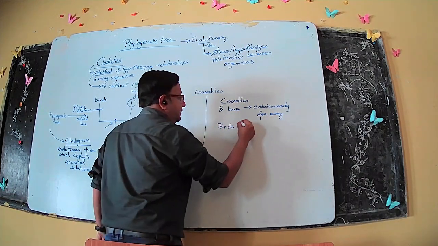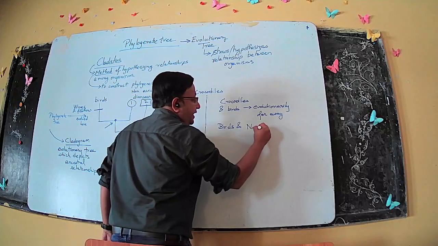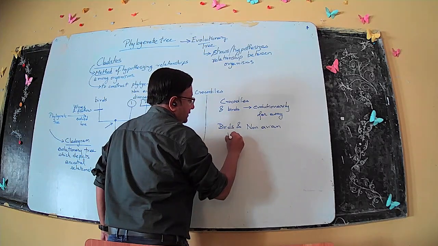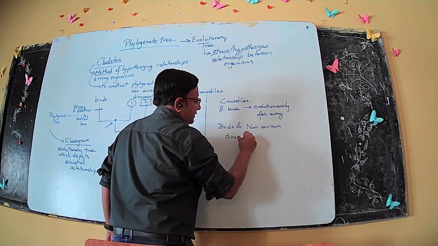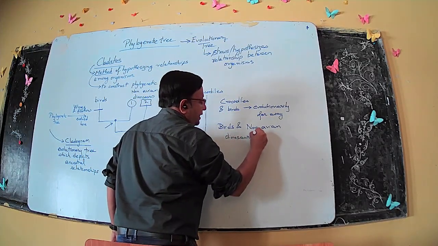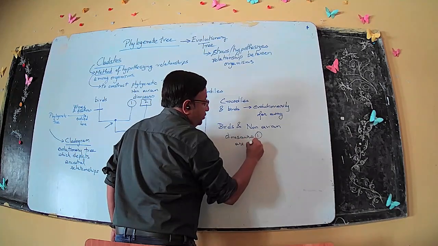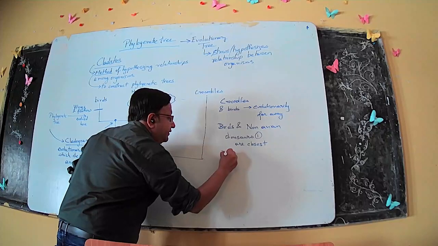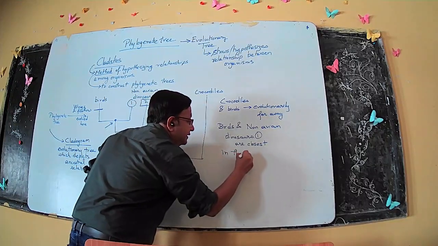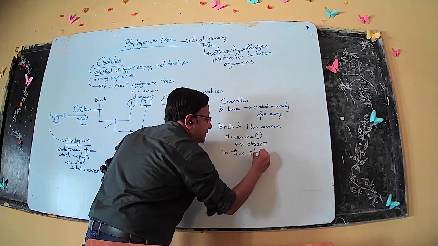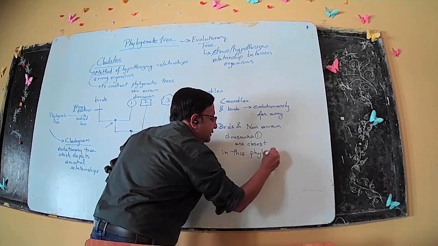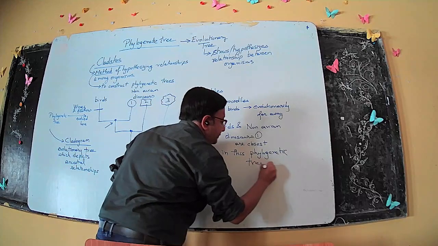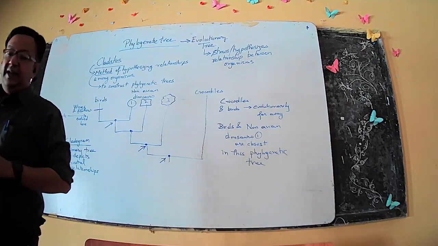Birds and non-avian dinosaur 1 are closest in this phylogenetic tree. Clear?